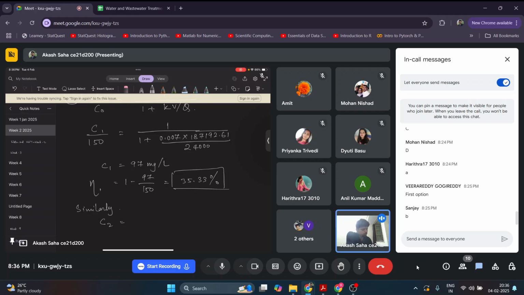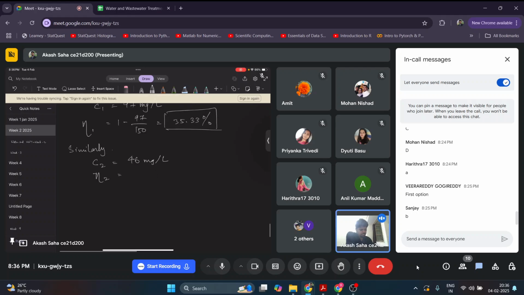So C2 you will get as 46 milligram per liter, and the efficiency of the second reactor will be 52.577%. Okay, and CE we know as 30 milligram per liter, so the efficiency of the third reactor we will get as 35.33%.